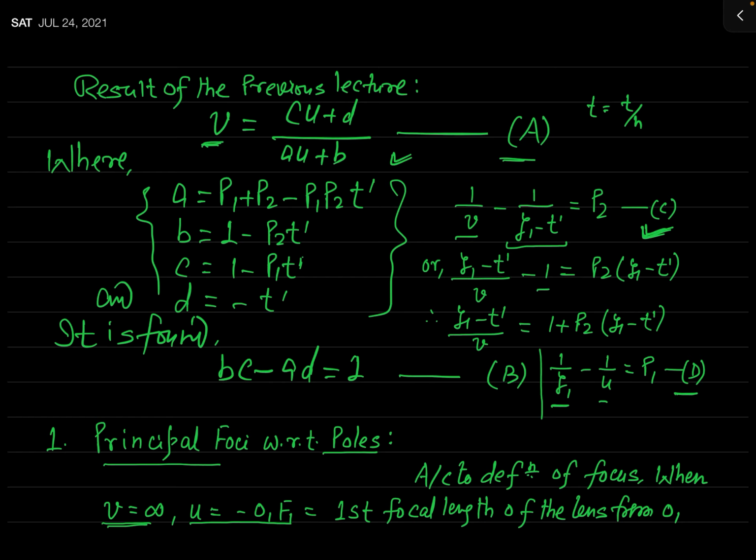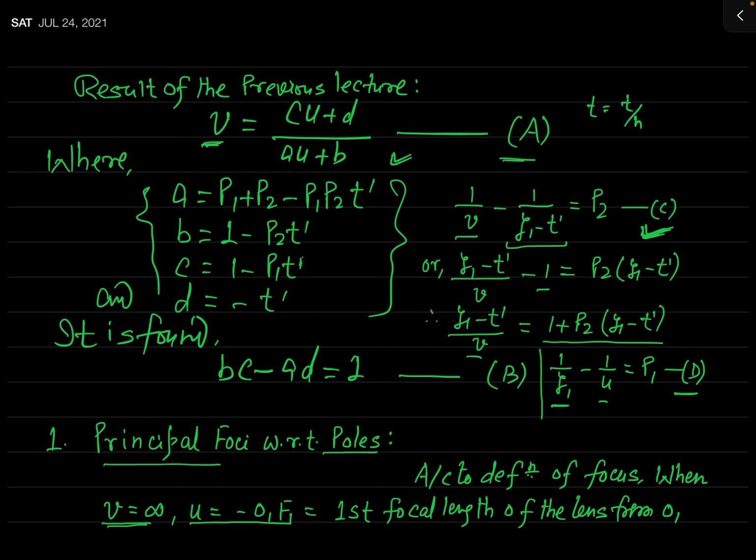So Y1 minus T prime over V is equal to 1 plus P2 times Y1 minus T prime.